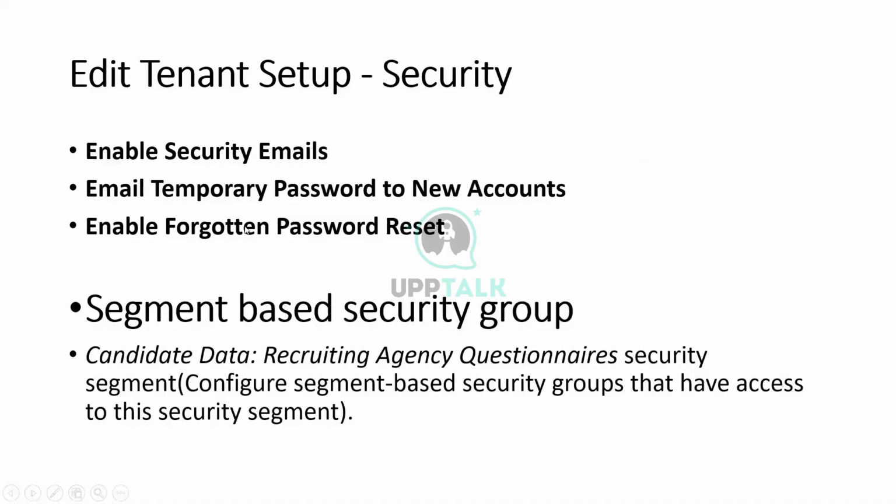And these should be set. Then we can also create a segment based security group with this work delivered segment. Candidates are recruiting agency questionnaires. If you want any security group in the system to have access to the responses given to the agency questionnaires by the candidate, then we need to give access to this domain.